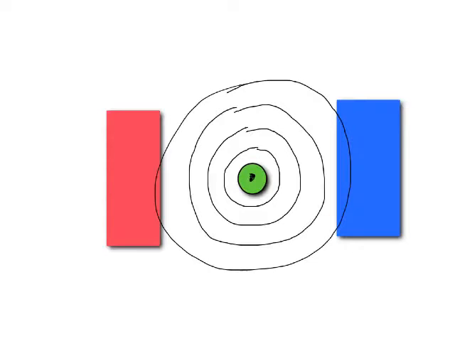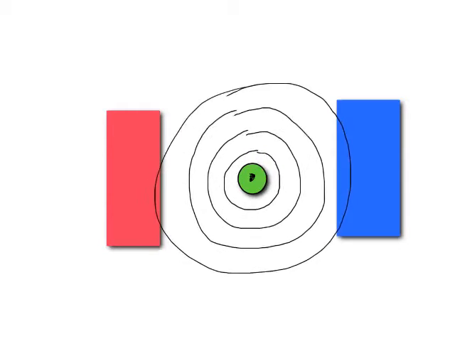Okay? So you know the shape, but now we also need to look at the direction. And so you use the right-hand corkscrew rule to identify that the direction is anti-clockwise, like so. Now the fun really starts when you put these two field lines together.